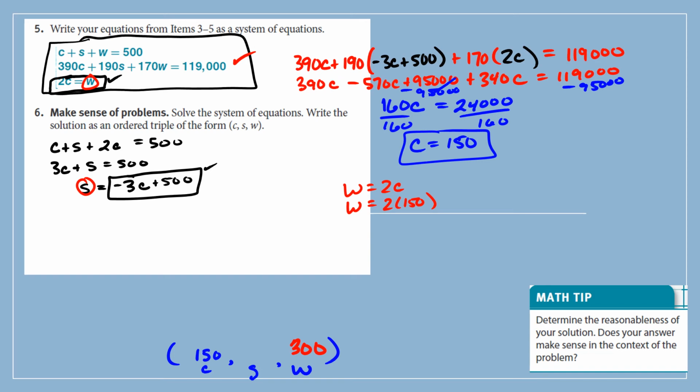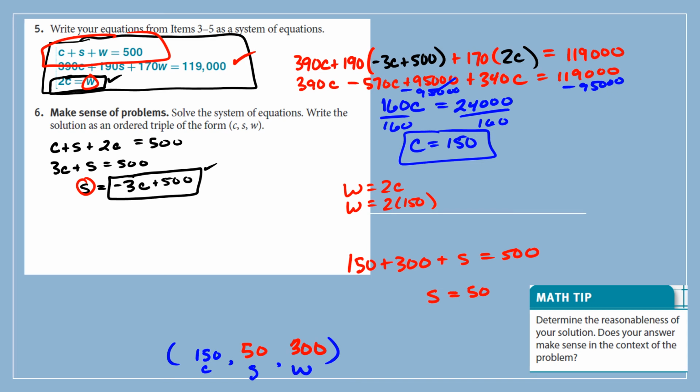And then I already know that all three of these have to add up to 500, right? So I would have corn and wheat, I'll just put those together, plus my soybeans need to equal 500. So my soybeans are going to have to equal 500 minus 450, which would leave me with 50 acres of soybeans. So 150 acres of corn, 50 acres of soybeans, and 300 acres of wheat is what this farmer can do.